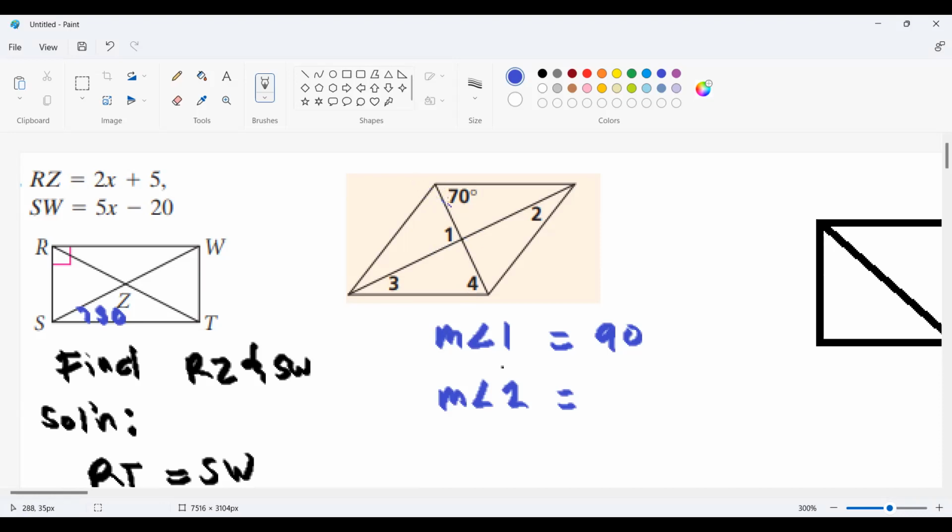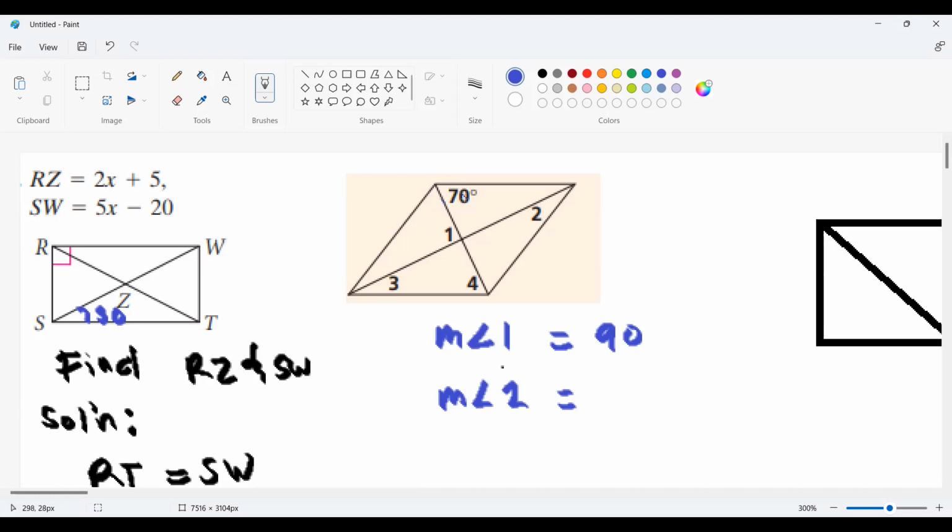That means if this is 70, what do you think is here? That's also 70, right? If it means bisect, it divides it into 2. So if this is 70, it follows that this part here is also 70. So that's 70, 70, so 140, right?